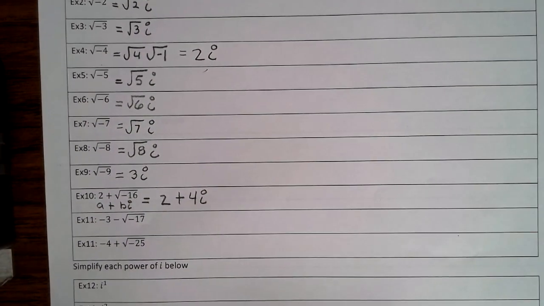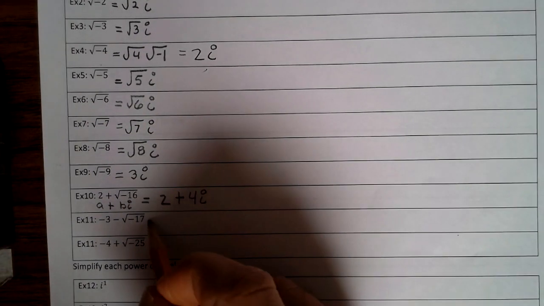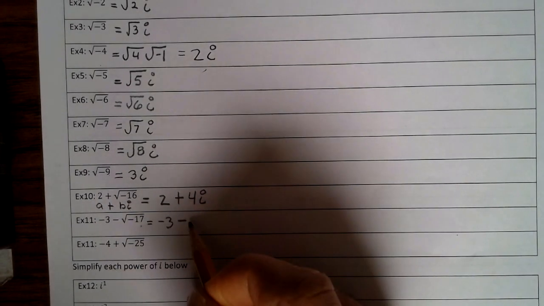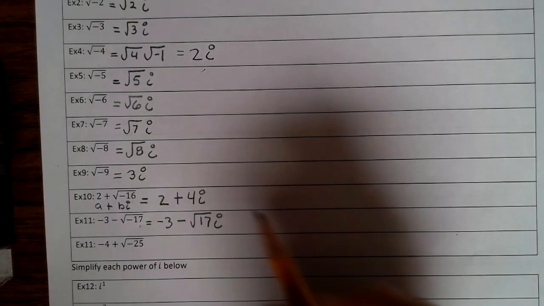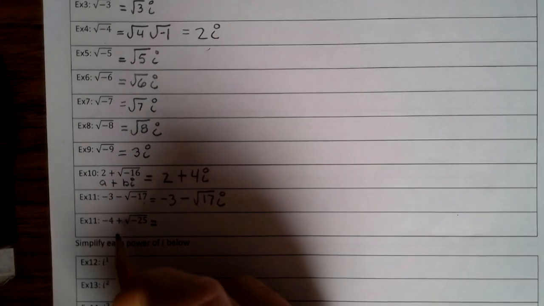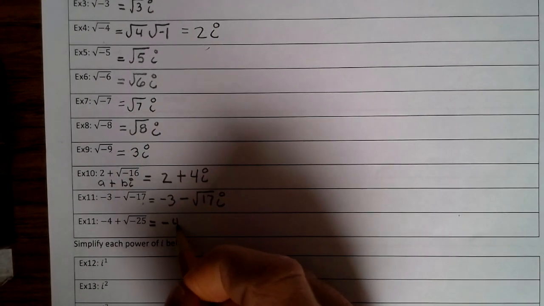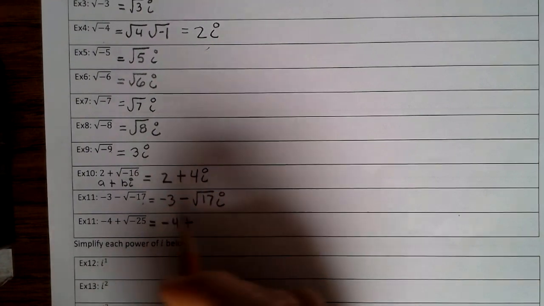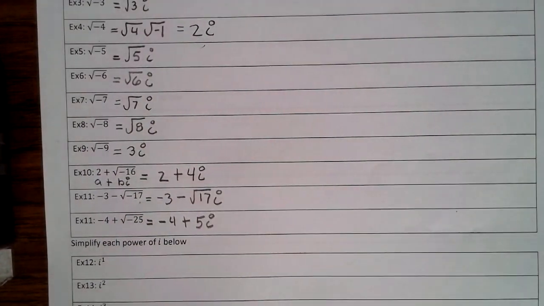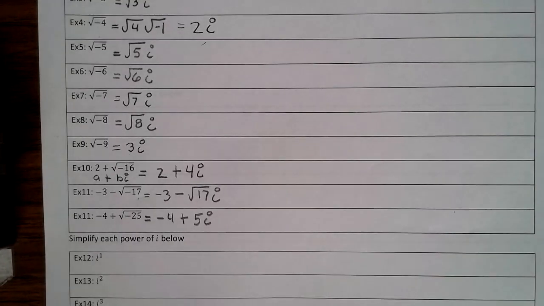Now, example 11, we would write it as -3 minus the square root of -17 is the square root of 17 i. In example 12, this -4 plus the square root of -25 is 5i. Okay? All right, let's take a look at the next examples.